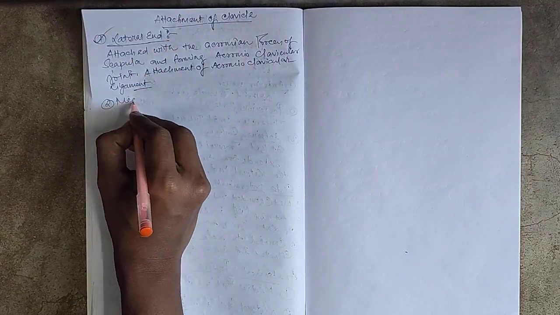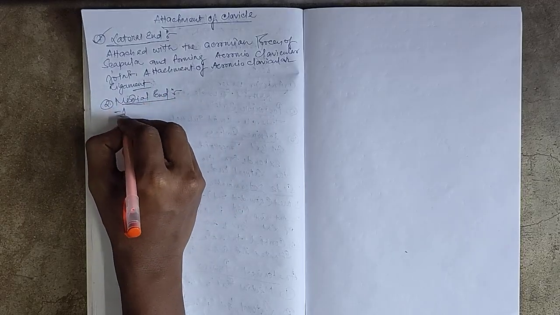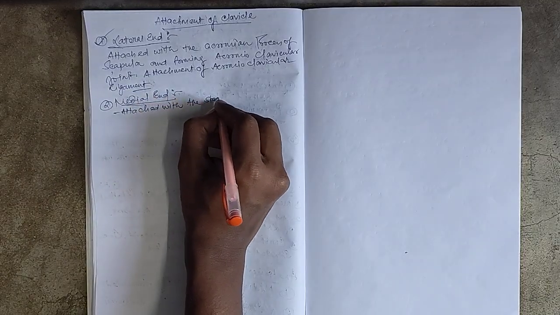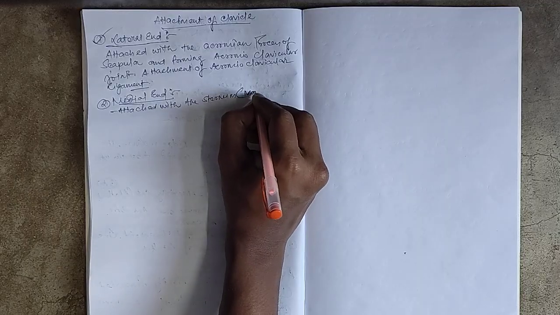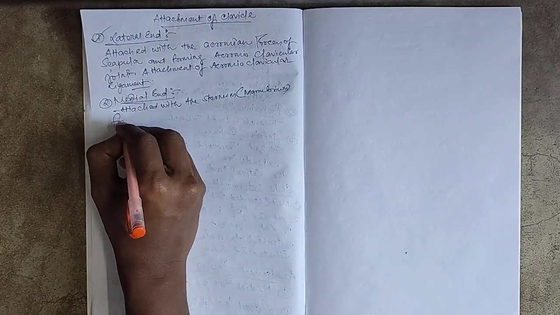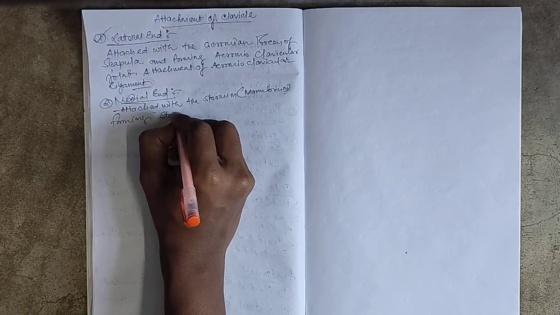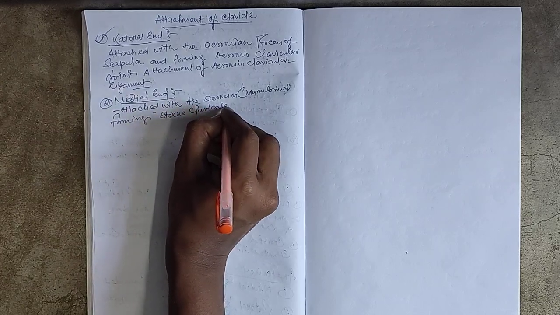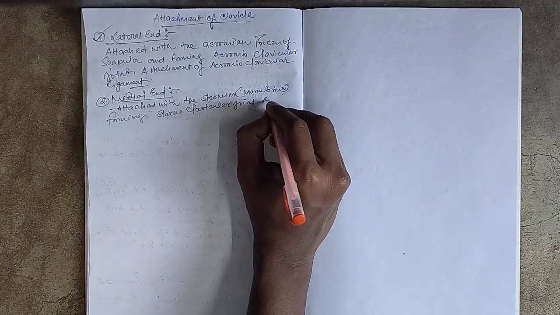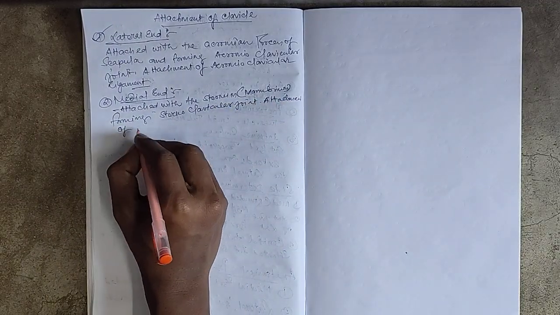Now we'll come to the medial end. In case of medial end, here it is attached with the sternum, especially the manubrium part, and forming sternoclavicular joint, and here is the attachment of capsular ligament.